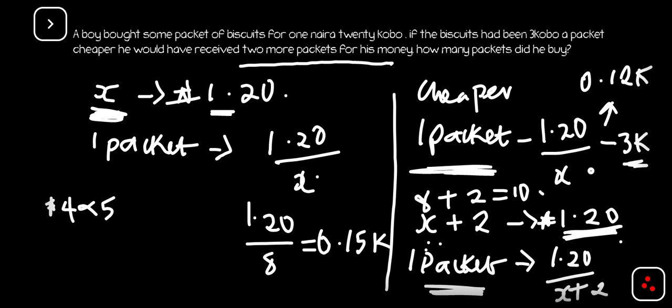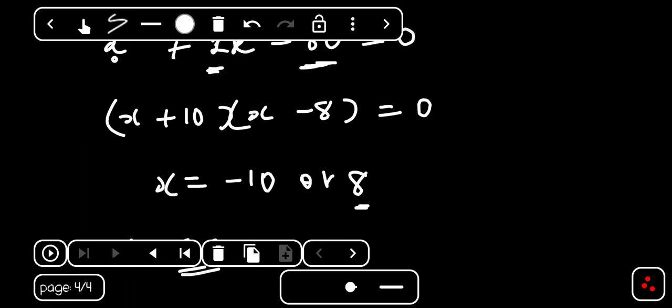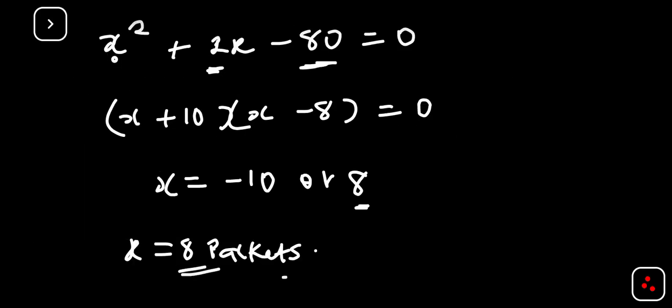So if 1 packet here is 0.12 and you want to know how much for 10, you multiply by 10, and you get the same amount. So everything is correct. Our final answer is 8 packets. That is what he got.